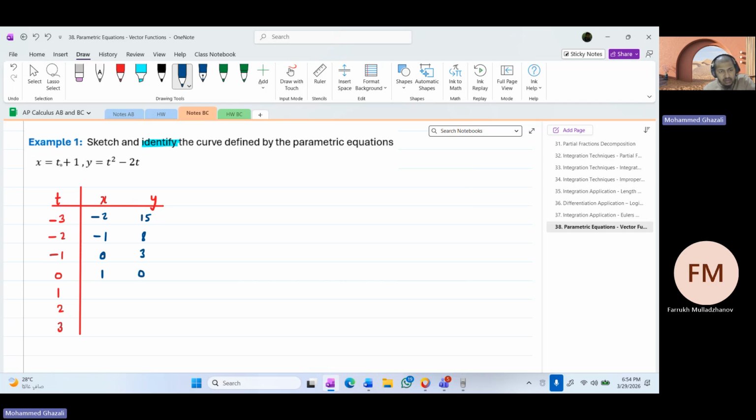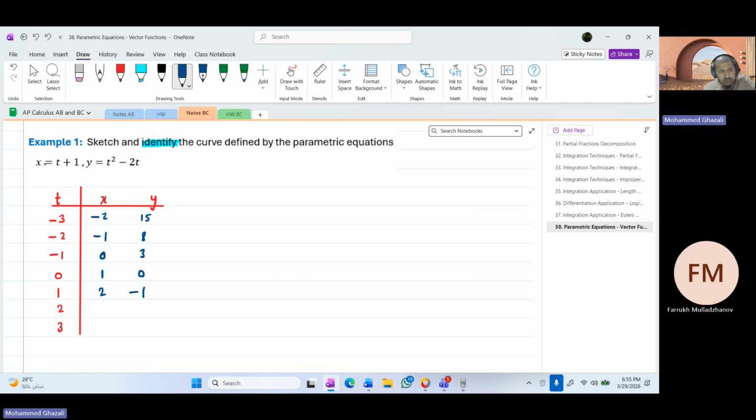If the value is 1, it is 2, and substituting 1 inside here, 1 squared is 1. 1 minus 2 is -1.